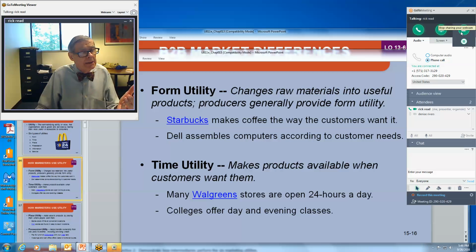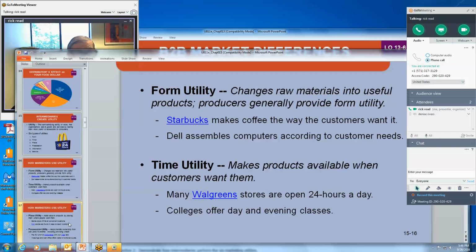Time: makes the products available when you want it. 7-Eleven does that. Other convenience stores do that. They're open late. Many supermarkets are open late too. Now, they may have reduced staff, but they're open late if you want to shop late. They've done that because people ask for that.